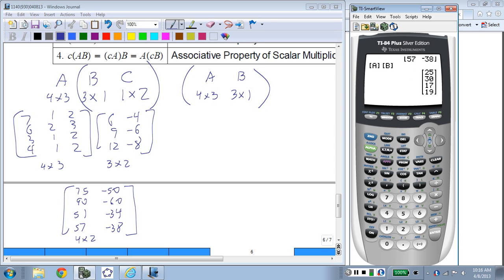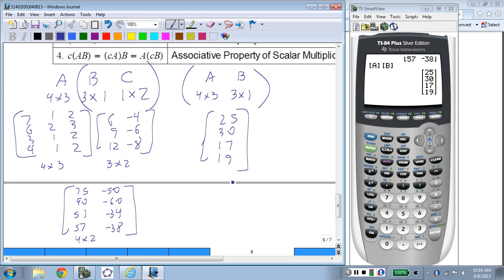Were you expecting it to be a 4 by 1 matrix? Hope so, that's what it is. We get 25, 30, 17, 19.